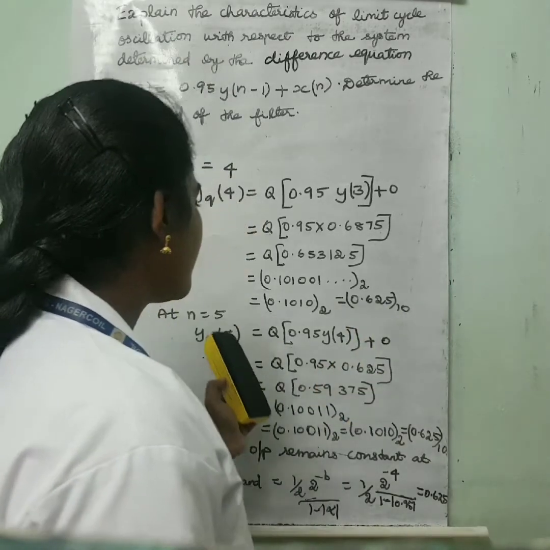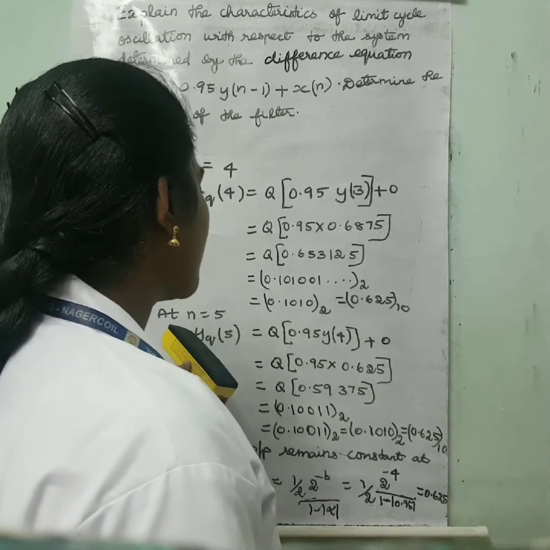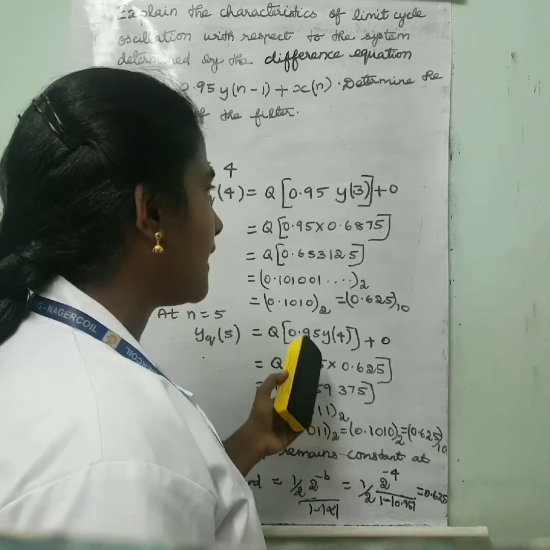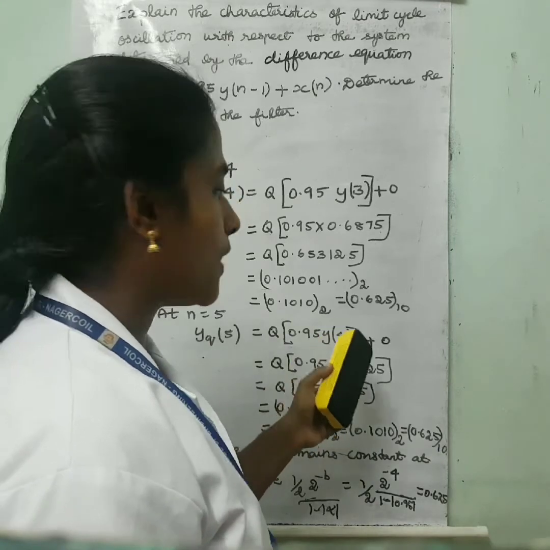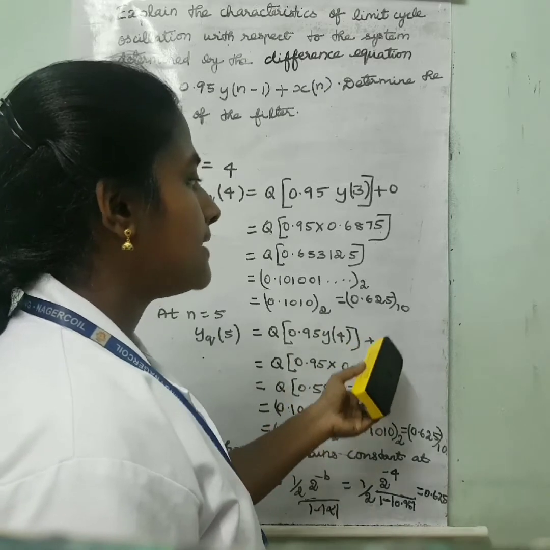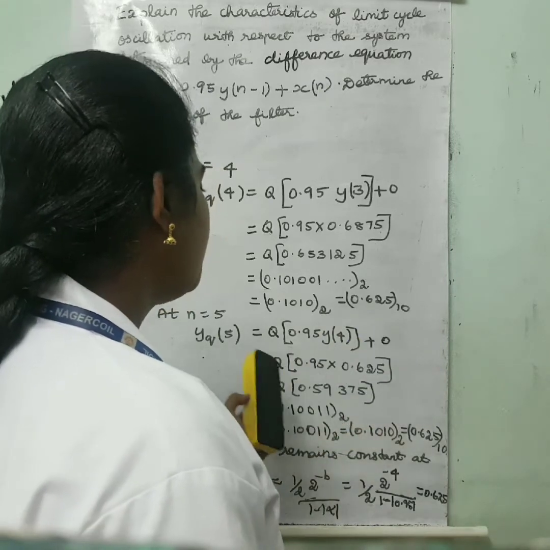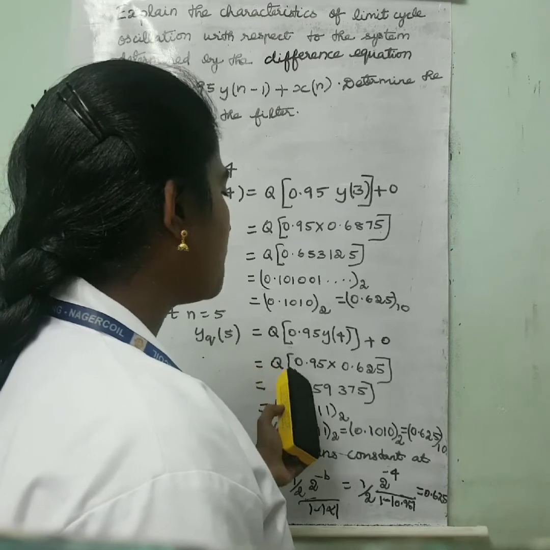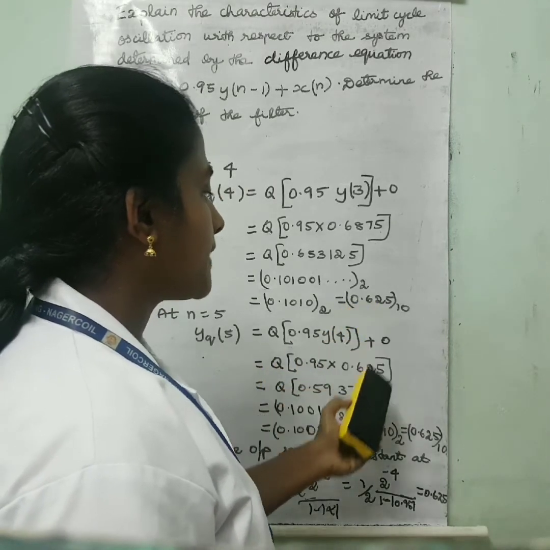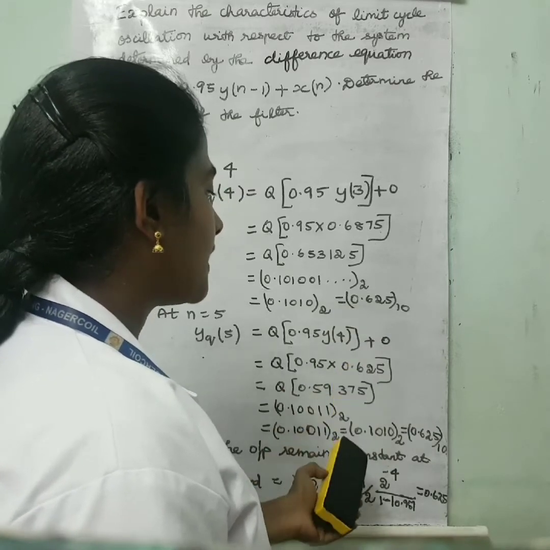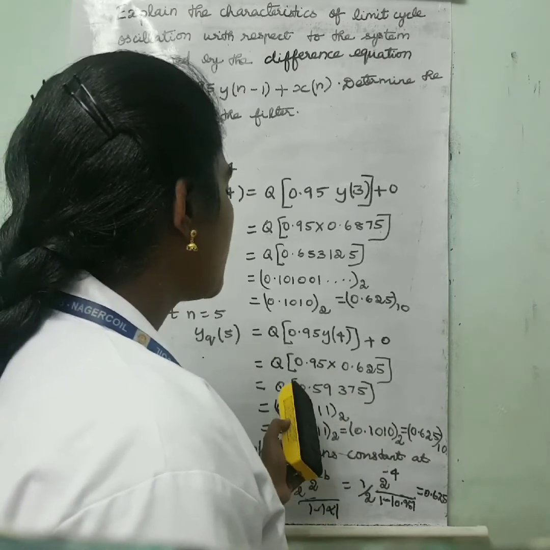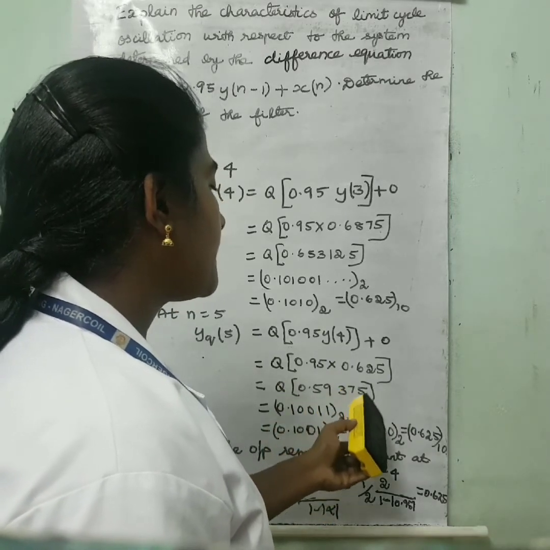Okay, next when n is equal to 5, again you apply this formula, that is yq of 5 is equal to q of 0.95 into y of n minus 1, that is 5 minus 1 is 4. So y of 4 plus x of n, that value is 0, that is equal to q of 0.95 into, previously we have y of 4 as 0.625. So substitute that value, 0.625. When you are multiplying, you will get q of 0.59375.